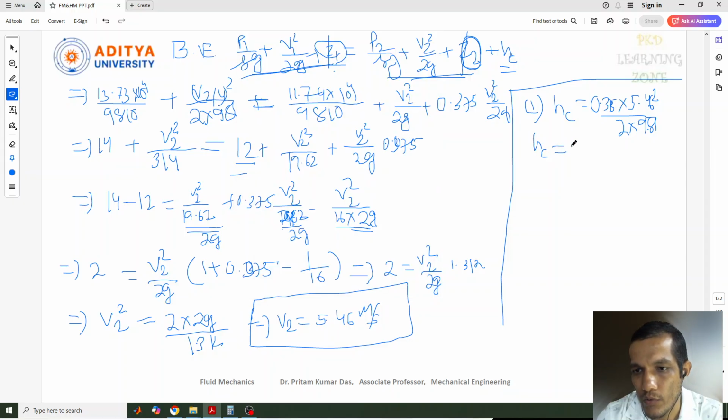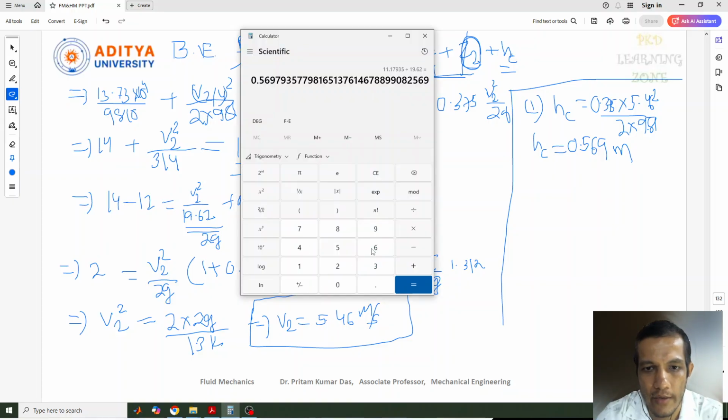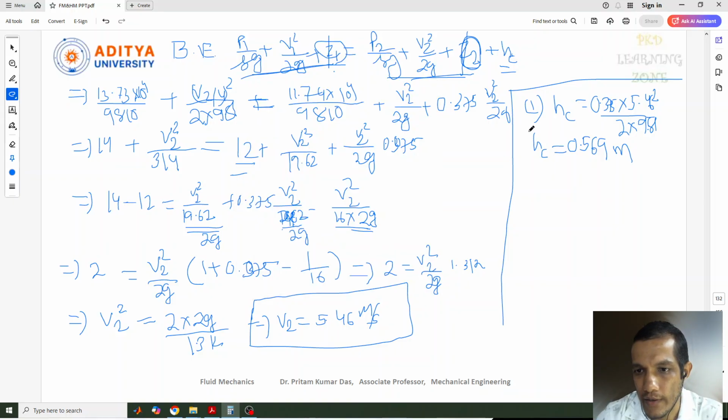HC equal to 0.569 meter. This is the loss of head or loss of energy due to sudden contraction. Now second is Q, the rate of flow. The rate of flow is nothing but A2 V2.